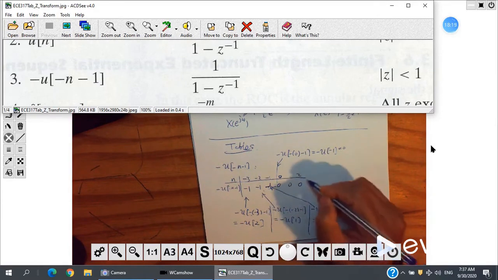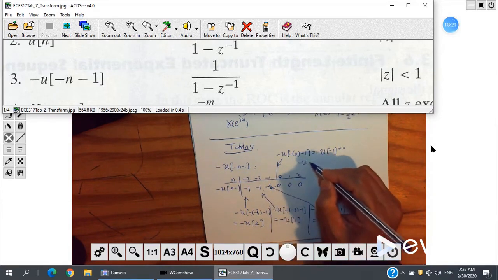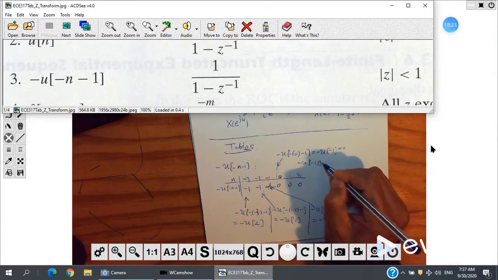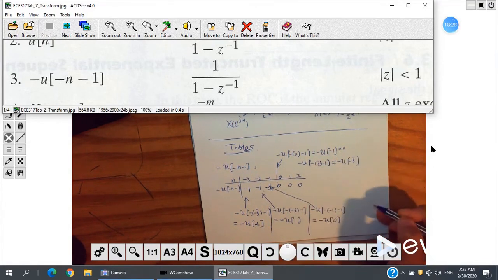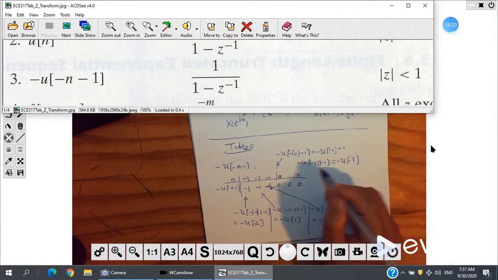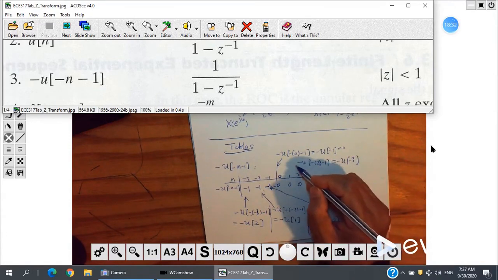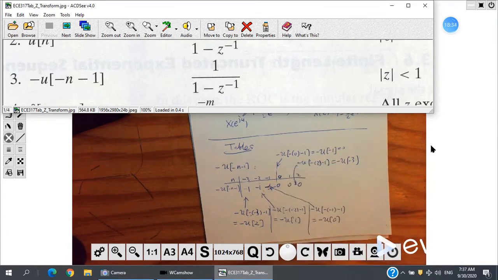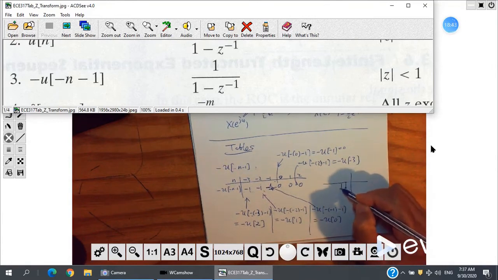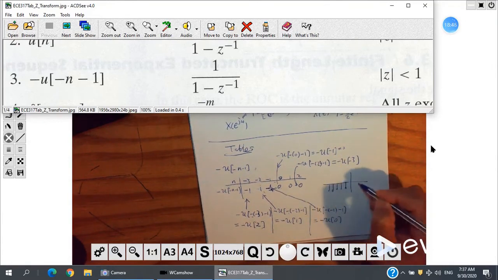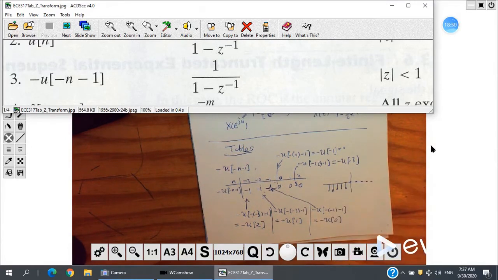We can try 2: negative u of negative 2 minus 1 equals negative u of negative 3, so it is 0. You see the result is some negative 1s, then 0.